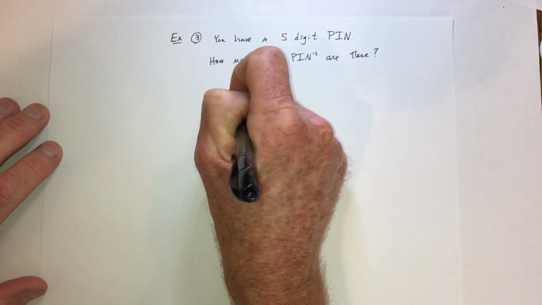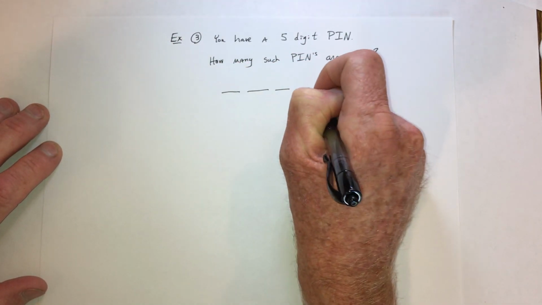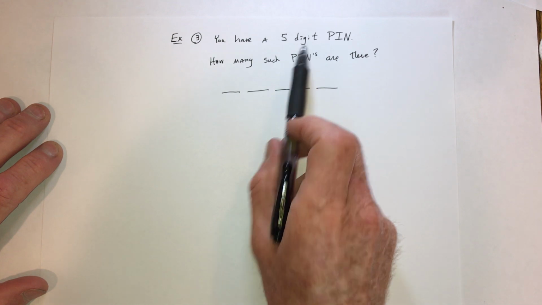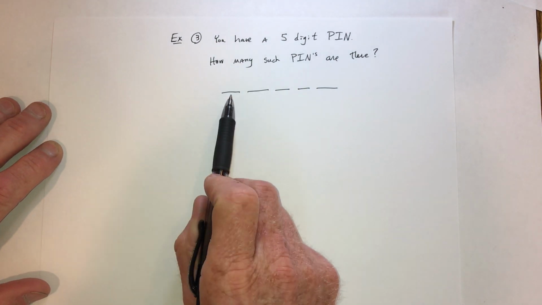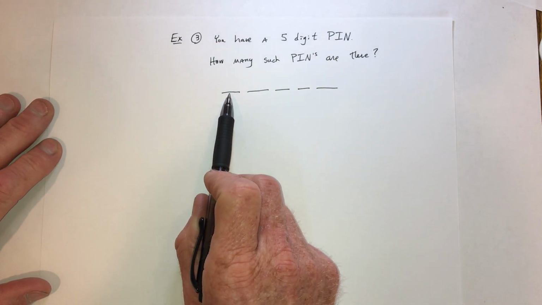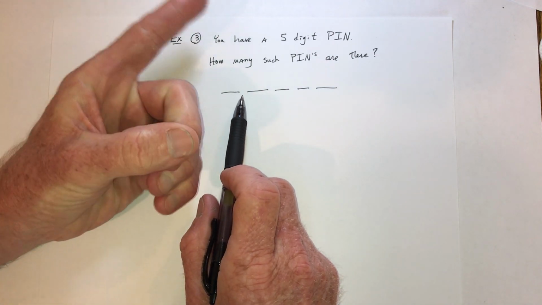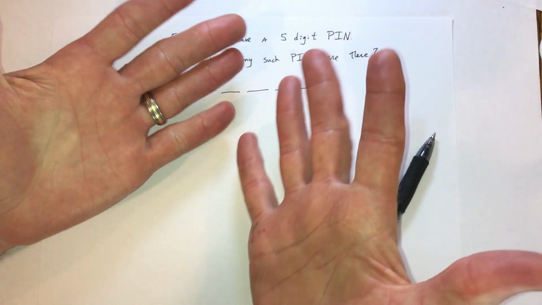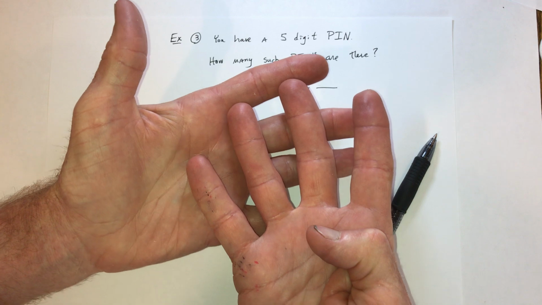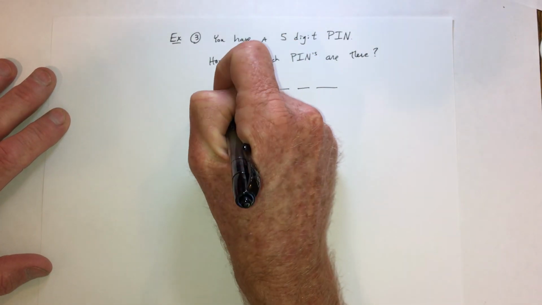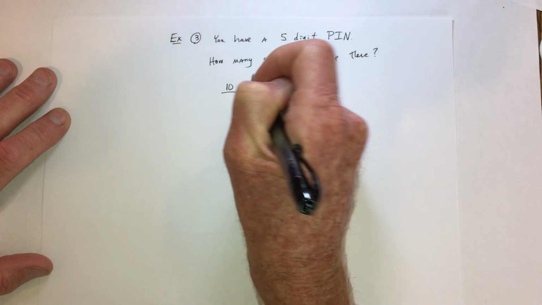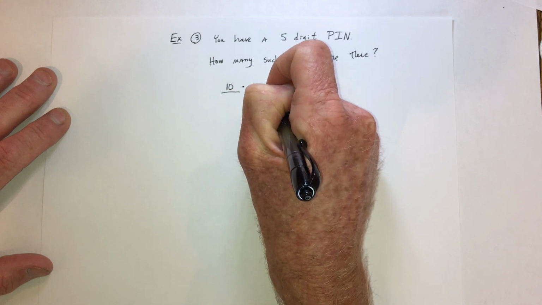So when I do the 1, 2, 3, 4, 5 numbers, or 5 digits for the pin, then for this first one, there are 10 possibilities. 0, 1, 2, 3, 4, 5, 6, 7, 8, 9. So there's 10 possibilities. And for the second one, there's 10 possibilities.